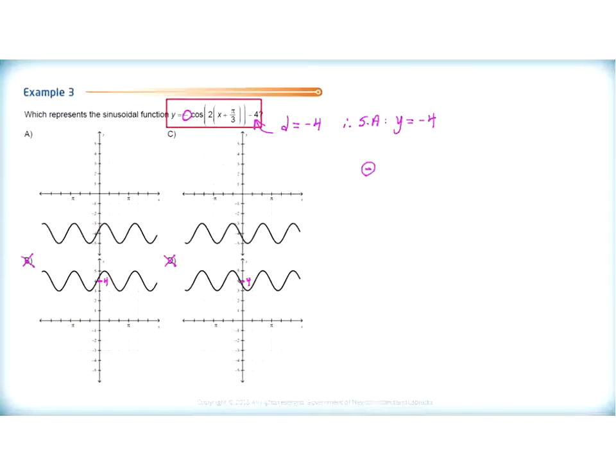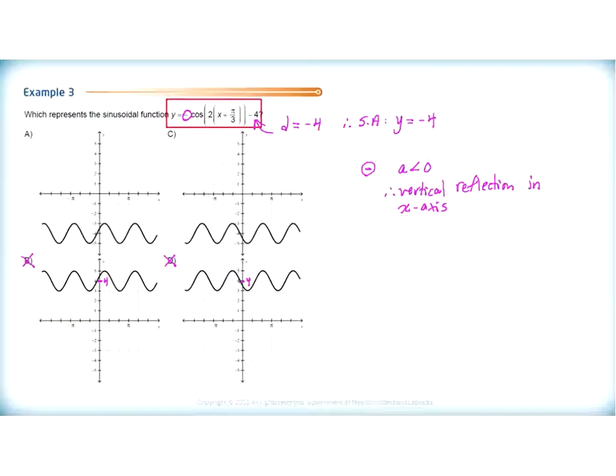The next thing that I noticed there is the negative in front of the cosine. That negative tells us that the value of A is less than 0, which means that there has to be a vertical reflection in the x-axis.